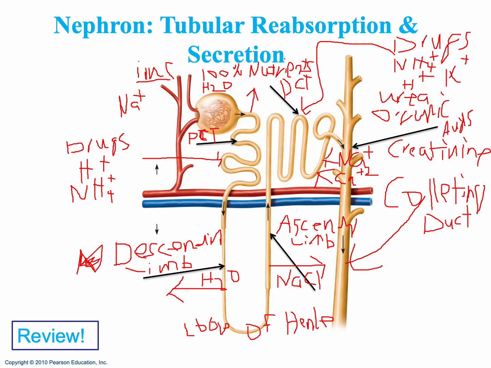And items that are going to be reabsorbed here that we're going to hold on to, that would be items such as water in the collecting duct. So water. Likewise, sodium. So those are items that undergo reabsorption.